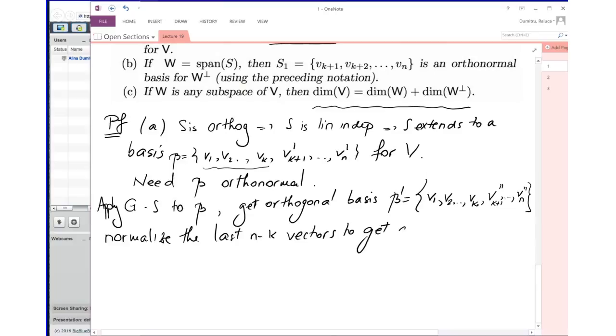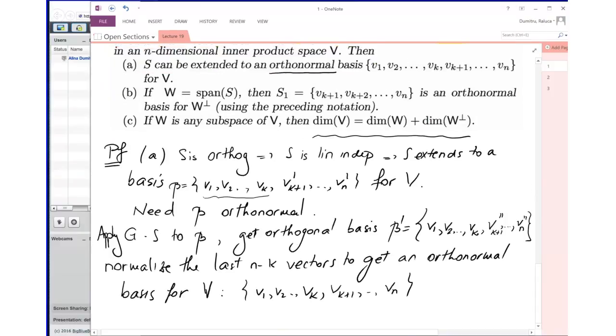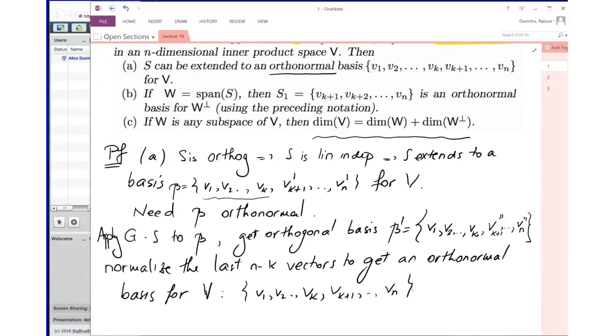And we get an orthonormal basis. And now after normalizing, let's just call them vk plus 1 up to vn. Okay, so we started with an orthonormal set, v1 through vk, and we extended it to an orthonormal basis. So we're done with part A.